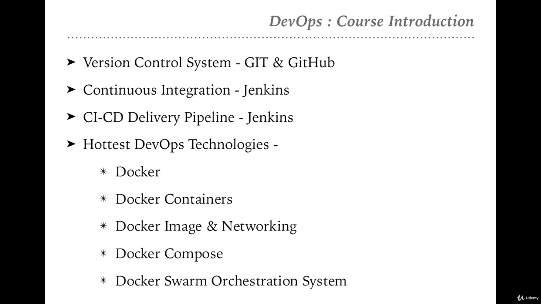We will see how Docker Compose and Docker Machine provide complete orchestration for Docker on a developer's computer. And lastly, we will see Docker Swarm as an orchestration system: how a multi-container application can be bound into a single application with the help of Docker Swarm, how you can enable networking in Docker Swarm, and how you can set up the network bridge, the services, and connectivity between multiple containers. These are a few of the topics we are going to learn in the Docker part. These are going to be lectures from very basic to high-end technology.